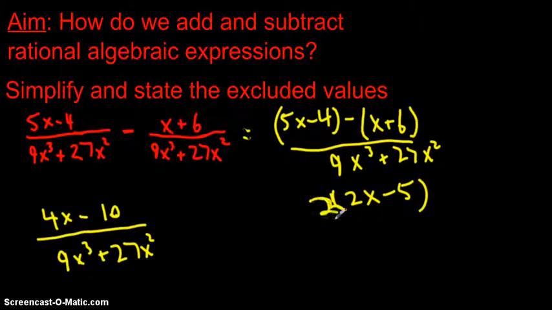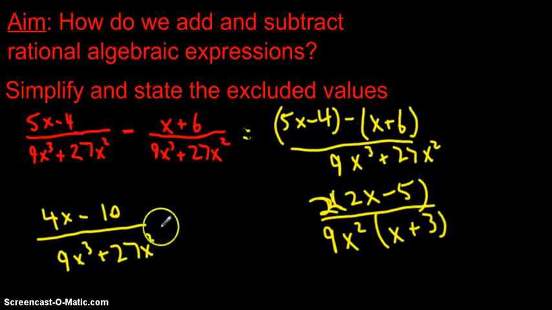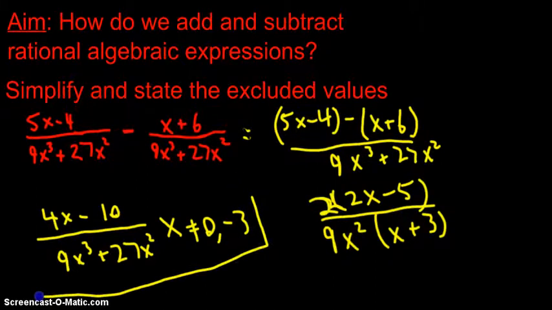Let's make this more clear. So 9x squared times x plus 3. So looking at the denominator here, we can see the excluded values. X cannot be equal to 0, as that would make the denominator undefined. Or x can also not be equal to negative 3, because negative 3 would make this denominator undefined. Okay, so this will be the final answer here.